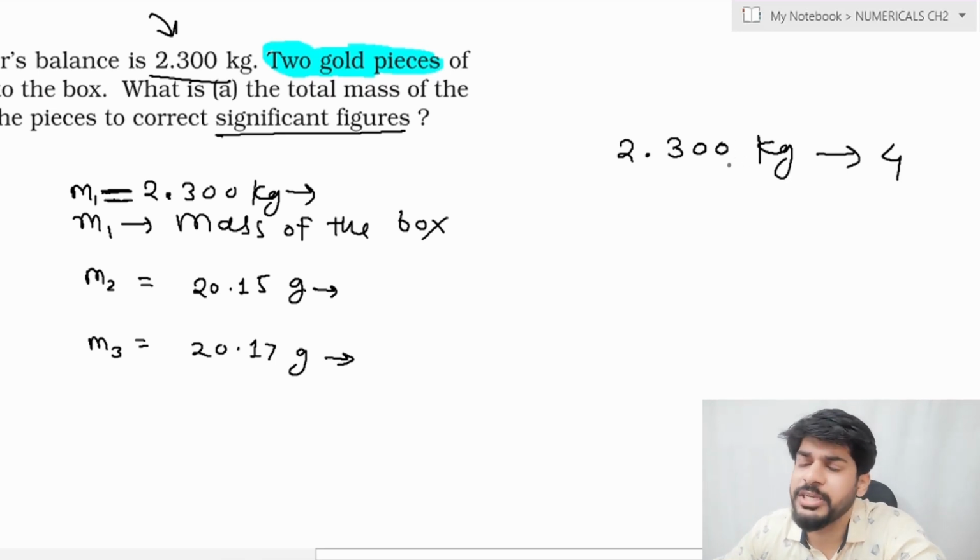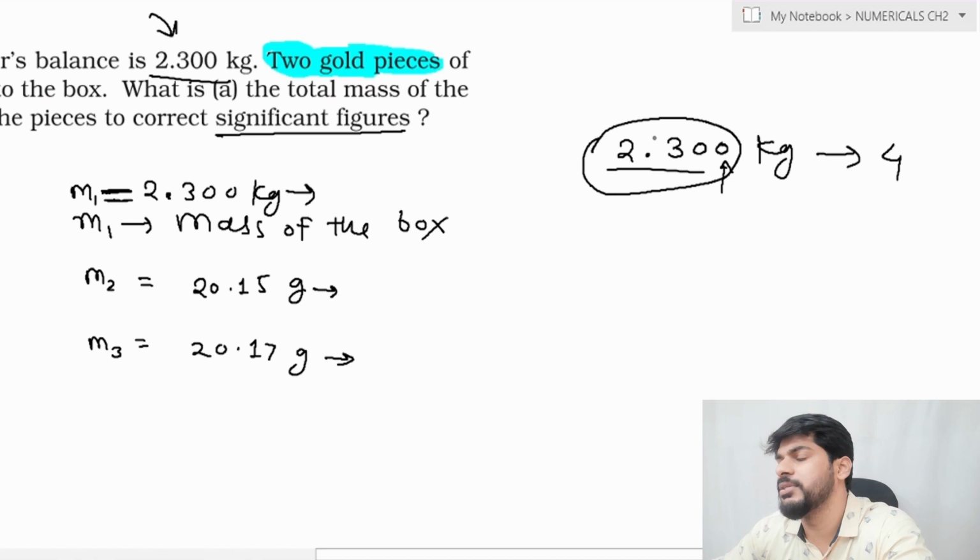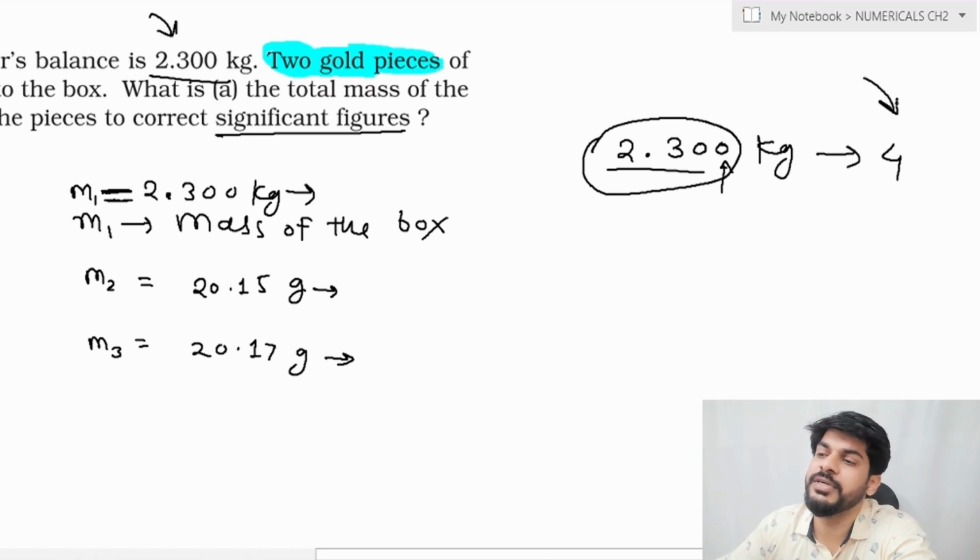Now, what is the definition of significant figures? Nothing but the reliable digits and the first uncertain digit. Generally the last one is uncertain, and these are the reliable digits. So here we can see that there are four significant figures.